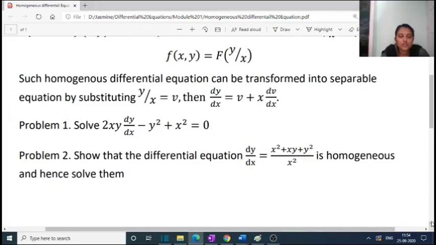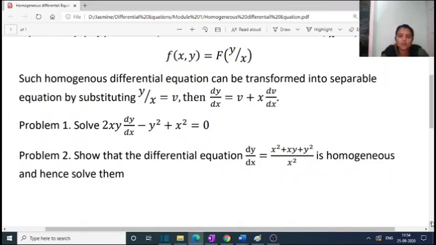Next problem: show that the differential equation dy by dx is equal to x square plus xy plus y square by x square is homogeneous, and hence solve it. I leave this as an exercise for you. For that, first you have to divide the right hand side by x square, so the terms become 1 plus y by x plus y by x whole square.